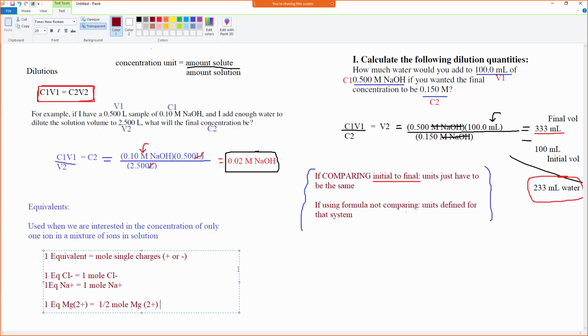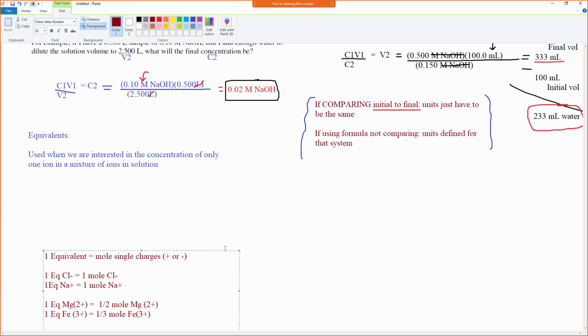Does that make sense? Essentially you're going to divide by the charge. So one equivalent of iron 3+ is going to be, because you have +3 charge in a single mole, it's going to take 1/3 of a mole to equal one equivalent of +1 charge. So yeah, exactly. You just divide by the charge.